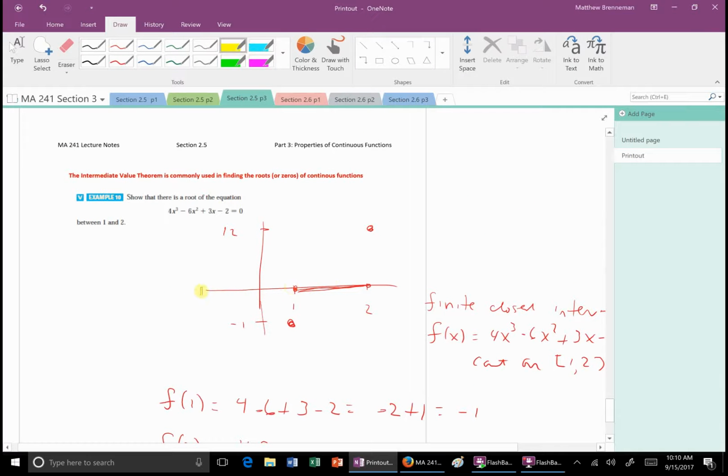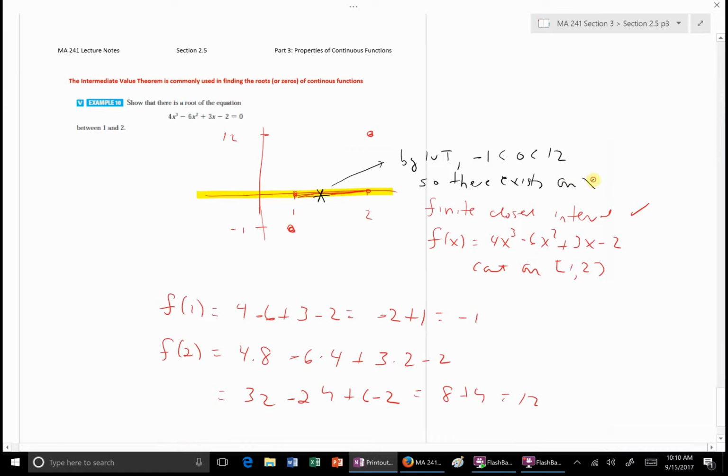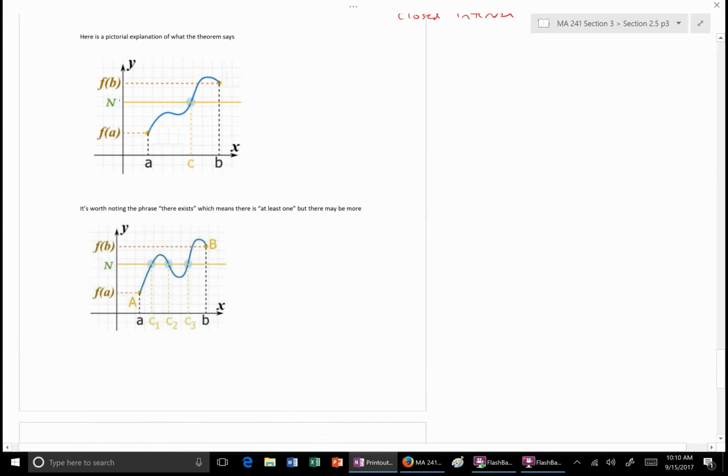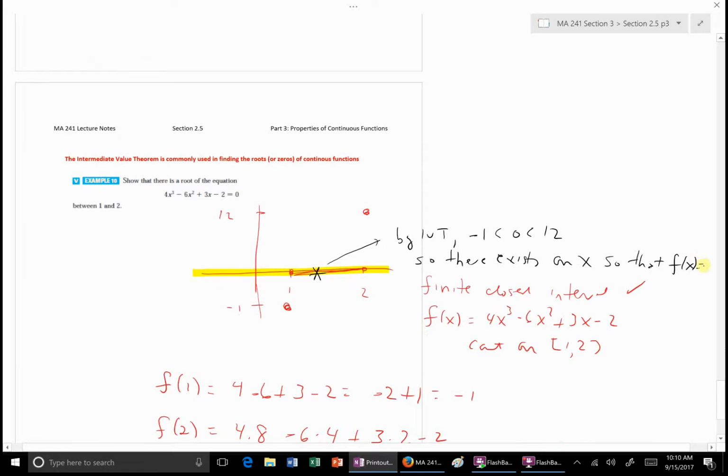What the theorem tells me is that since 0 is between minus 1 and 12, by the intermediate value theorem, there exists some value of x such that f of x is equal to 0. And moreover, there exists an x in that interval.